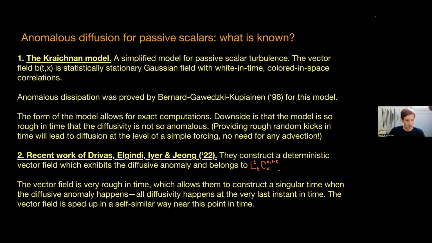Okay. So again, they have this switching in time very, very quickly, and as things start to switch in time, the amplitude of the vector field goes up so that it's only in L1. And then they have diffusivity at the last second. So let me say a little bit more how this happens.